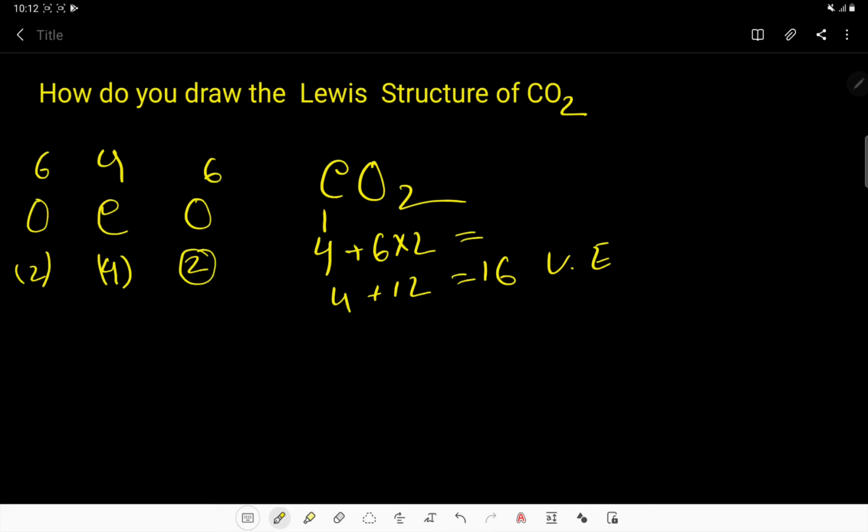So let us do this. This oxygen will form 2 bonds, and this makes sense, that you have to make bonds with carbon, and this oxygen also will form 2 bonds. So this makes sense, right?